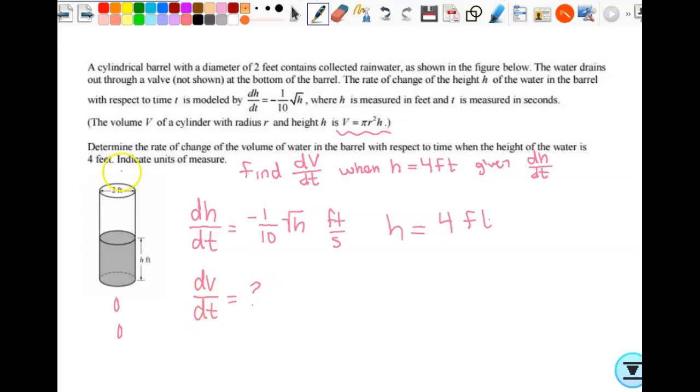And look, indicate units of measure. So let's do that right now. What's volume measured in? Feet cubed. And time is measured in seconds. And guys, on some free response questions, there's a whole separate units point. This happens quite a bit.